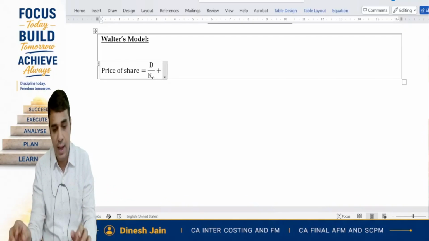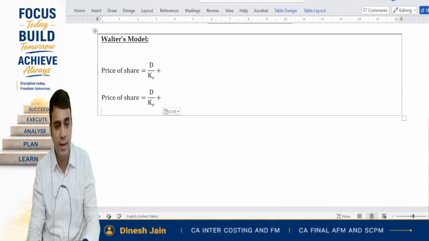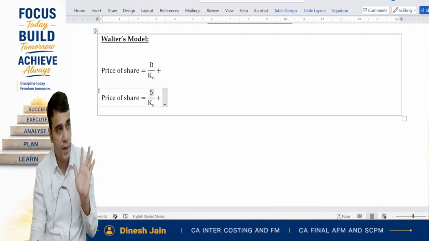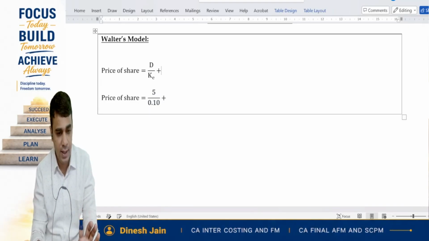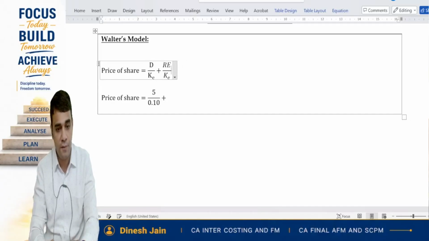Let's take an example: EPS is 20 rupees, dividend is 5 rupees, earnings per share 20 rupees. Cost of equity, let's understand, 10%. So 5 by 10%, I write in decimal to avoid rounding issues, 5 by 0.10, and on this side, retained earnings divided by cost of equity.